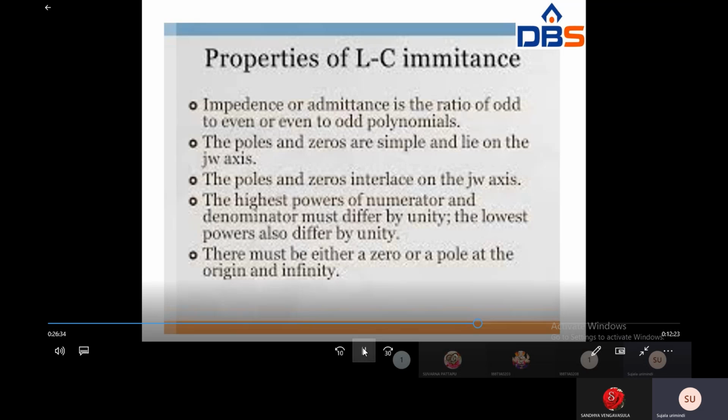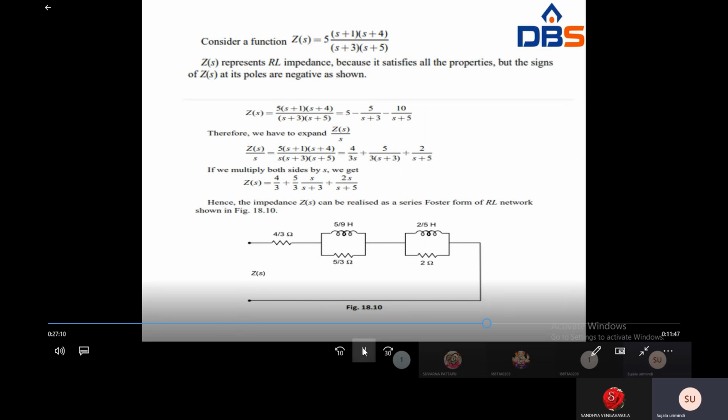In RC and RL, they are interlaced: one is pole, one is zero. In LC also, one is pole, one is zero on the imaginary axis. And the third thing: the nearest point to the origin in RC impedance will be a pole, in RL impedance it will be a zero, and in LC impedance it will be either a zero or a pole. These are the properties.